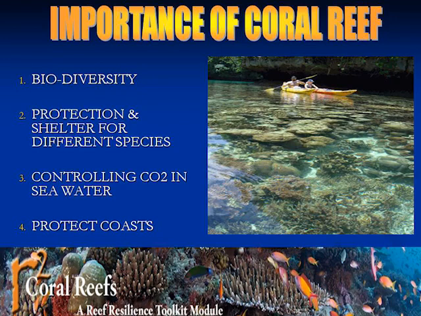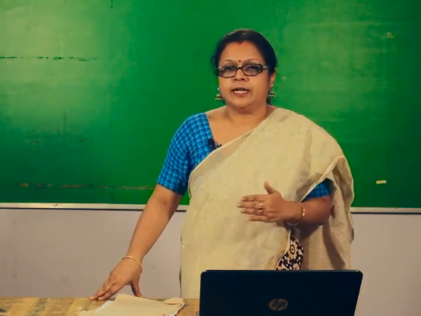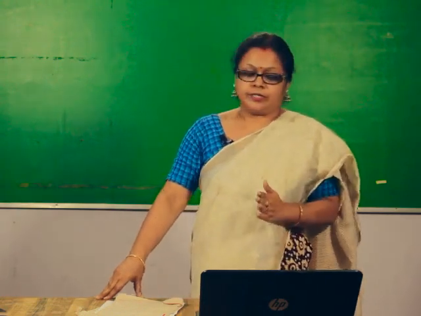Also, they protect and give home to different species of small animals and plants. Obviously, they control the dissolved carbon dioxide portions in the sea water, which is very important for the life of the animals as well as the plants. And as we all know, they protect the coast of the continents to a very large extent.